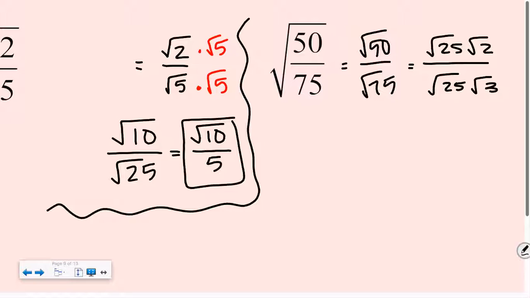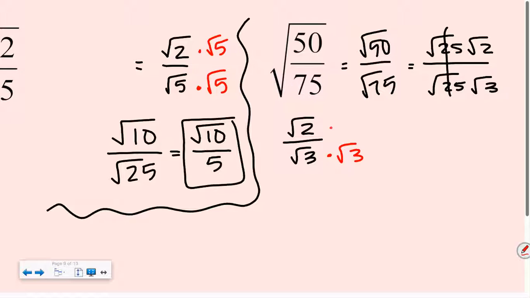In a fraction, if there's no plus signs or minus signs, and I have something over itself, what's going to happen to that? It's going to cancel out. So now all we have is the square root of 2 over the square root of 3. Can I be done? No, because I can't leave that square root of 3 in the denominator.